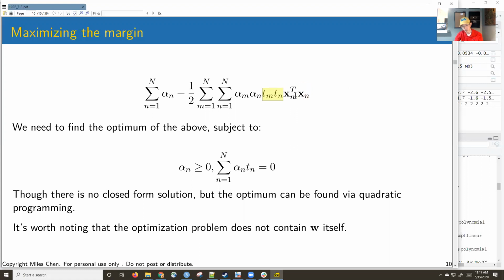These are directly from our data. So really we're just messing around with the alphas. All the alphas have to be positive, and when you do the summation of the alphas times the class labels, they have to add up to 0. So it's a matter of finding these alphas, and that's what it is.